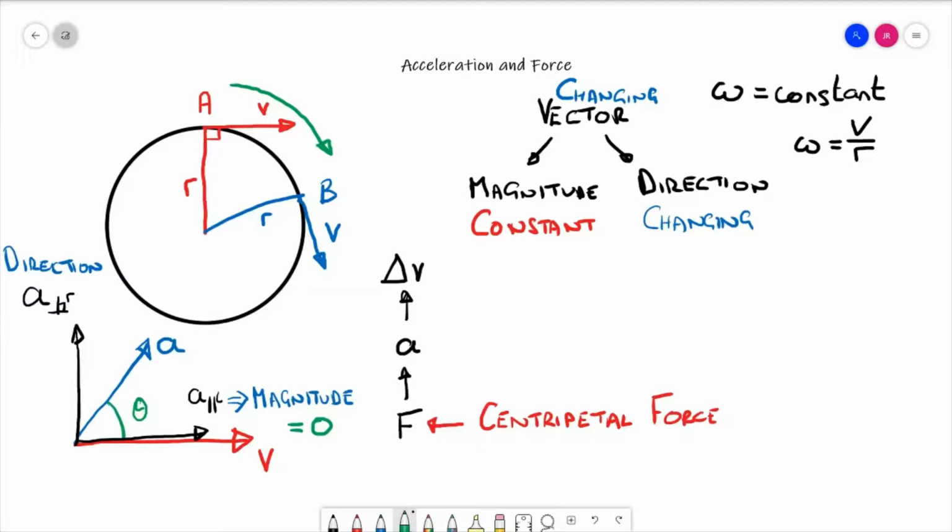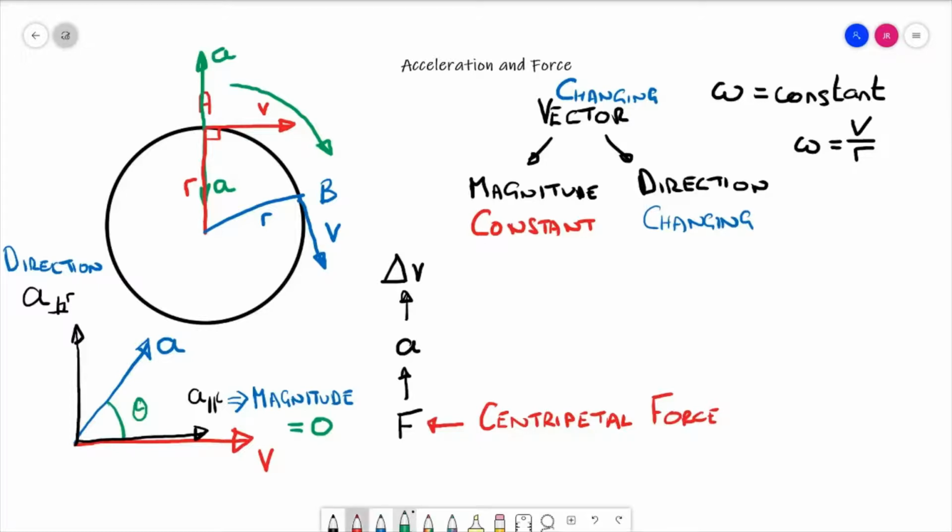Coming back to our original velocity vector then, the component of acceleration must be acting perpendicular to the velocity itself. Therefore, we've got one of two choices. Either the acceleration, the way we've drawn it, is acting directly up, or it's acting directly down.